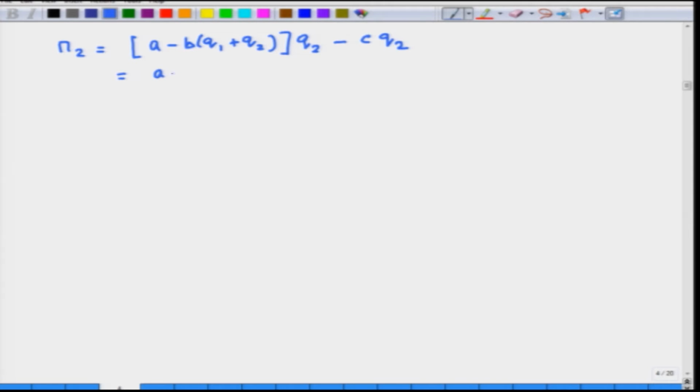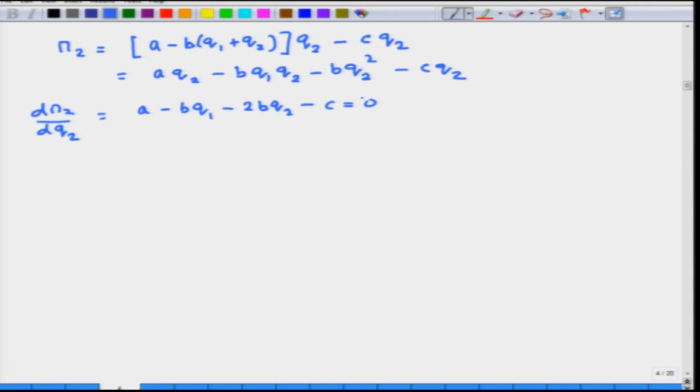So, this is A Q2 minus B Q1 Q2 minus B Q2 squared minus C Q2, and firm 2's best choice of output Q2 was based on finding the derivative of the profit function with respect to Q2, which gives us A minus B Q1 minus 2B Q2 minus C equals 0, which gives us Q2 as a function of Q1, equal to (A minus C) divided by 2B minus Q1 divided by 2.